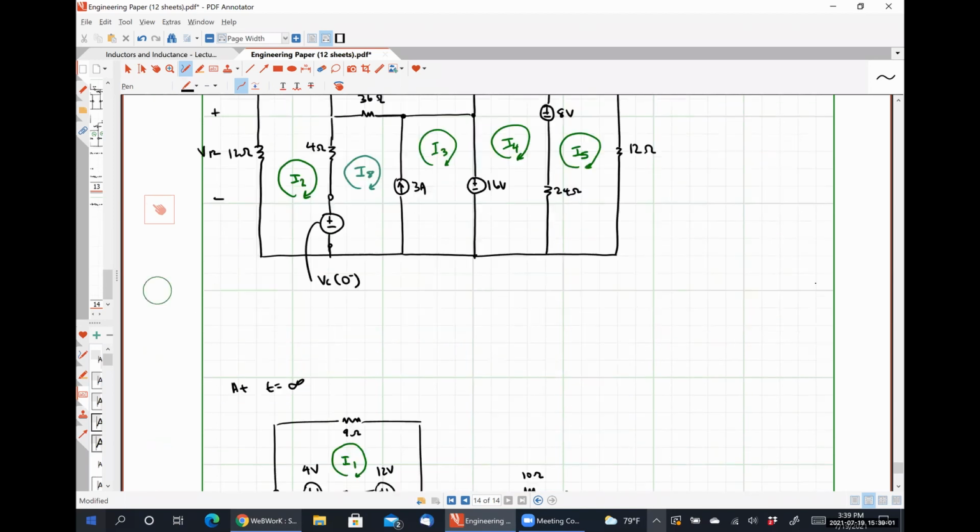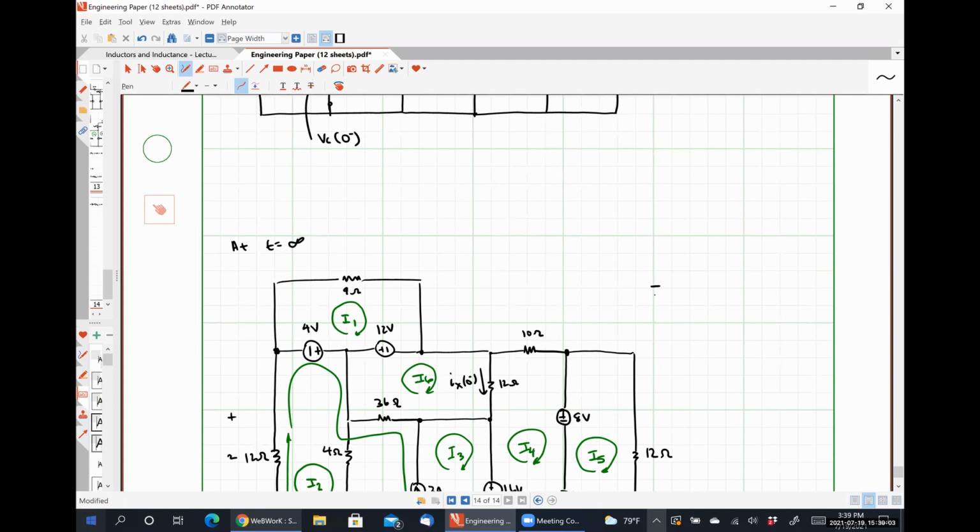Absolutely correct. And Ix at infinity is also going to be mesh current I6 minus mesh current I4.